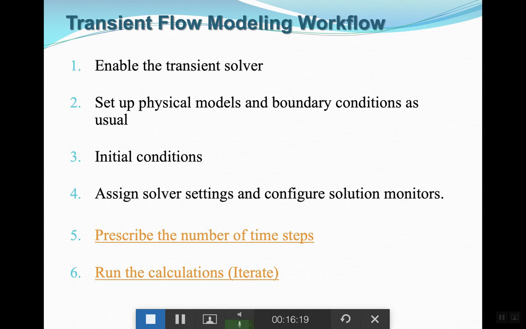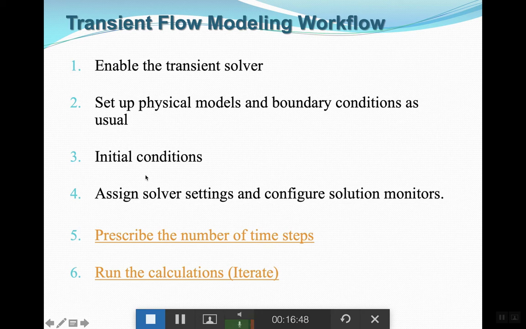That's your own decision to make. When do you want to start? It's like a movie: when you're watching a phenomenon, when you want to start the camera rolling, that's your time equal to 0. And remember, it is not an initial guess anymore. It's a physical initial condition that you should have very accurately.